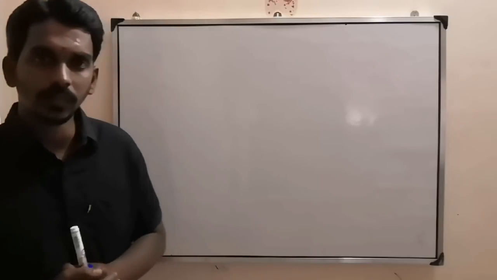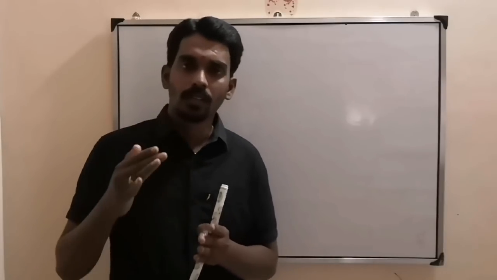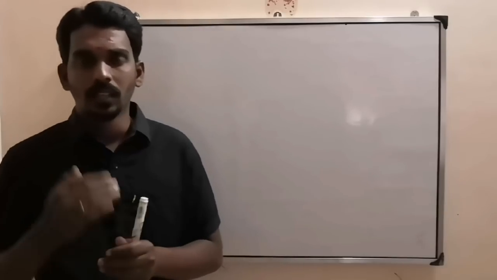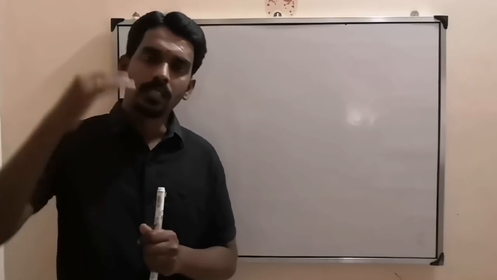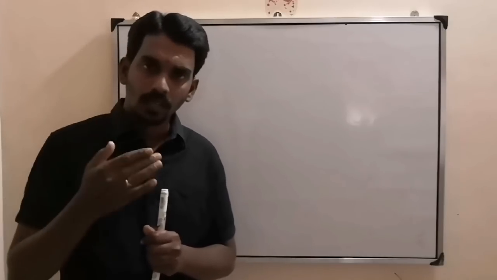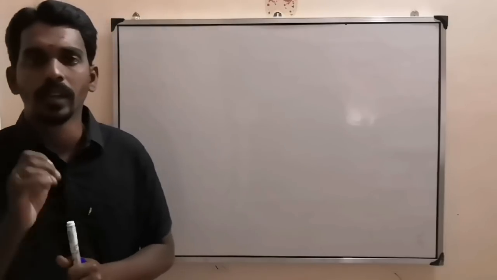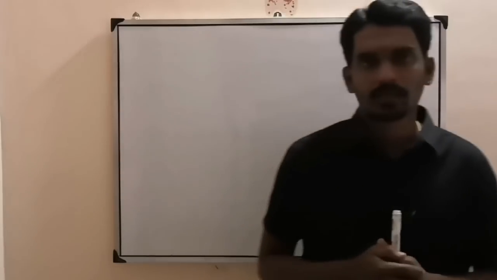Like E1, E2 are the energies of the two levels, where E2 is the higher energy and E1 is the lower energy, then E2 minus E1 is equal to h nu. That is the third postulate we have taken.